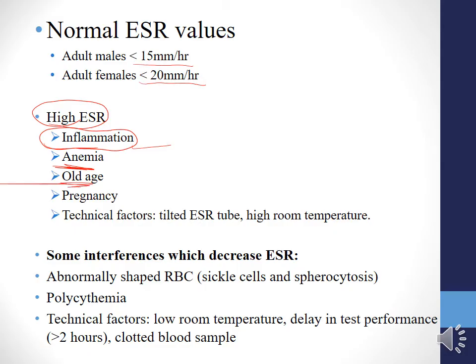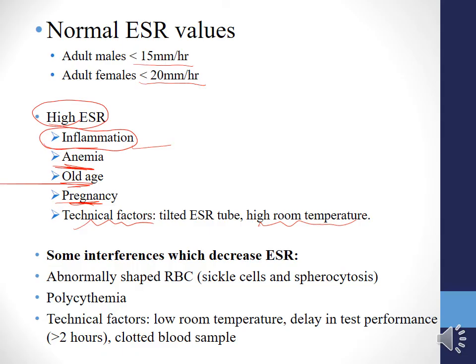Elderly people will have high ESR. In pregnancy, in pregnant females, we will have a high ESR. Sometimes there are some technical errors that might increase the value of the ESR. Like if when we put the ESR tube in the rack, it is tilted. Tilting the ESR tube will increase the sedimentation of RBCs, or a high room temperature.